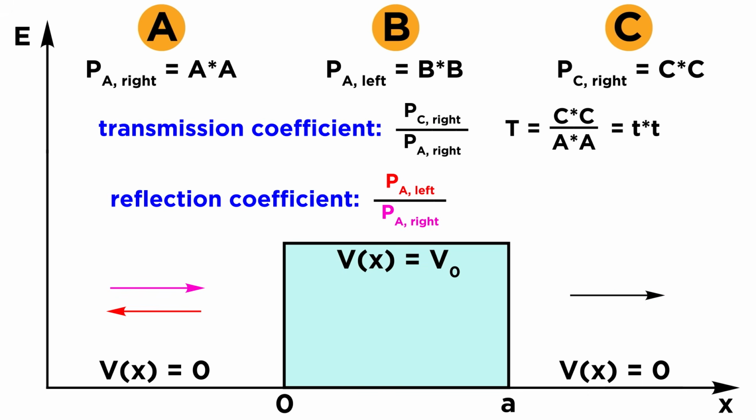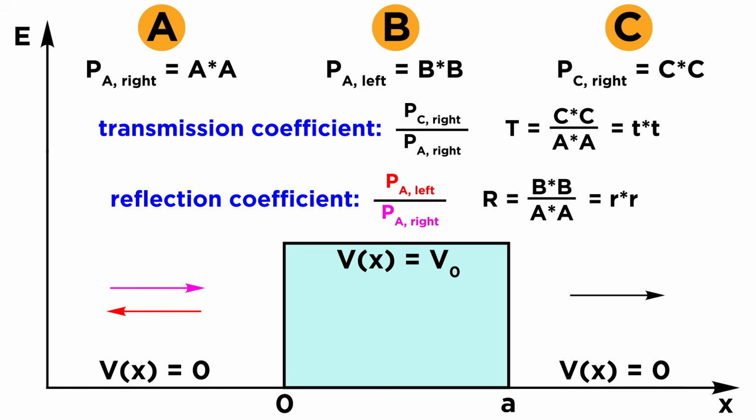We can also define a similar reflection coefficient, defined as B star times B over A star times A. Again, we can define lowercase r as B over A, allowing us to abbreviate this expression as lowercase r star times r.